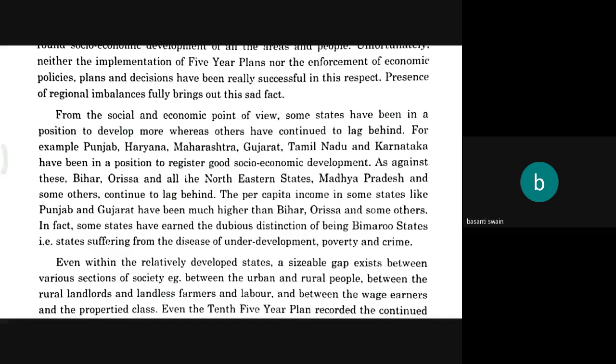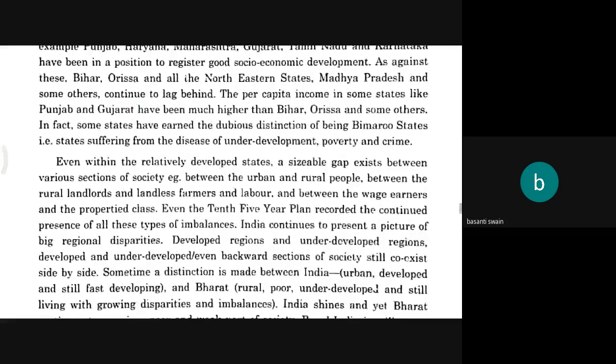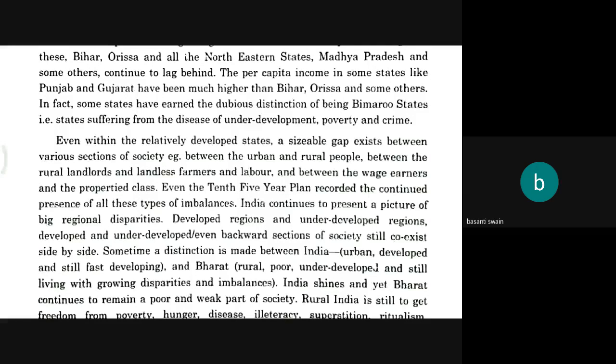In fact, some states have earned the dubious distinction of being BIMARU states, that is, states suffering from the disease of underdevelopment, poverty and crime. These are the three important things for which regional imbalance has become a factor.